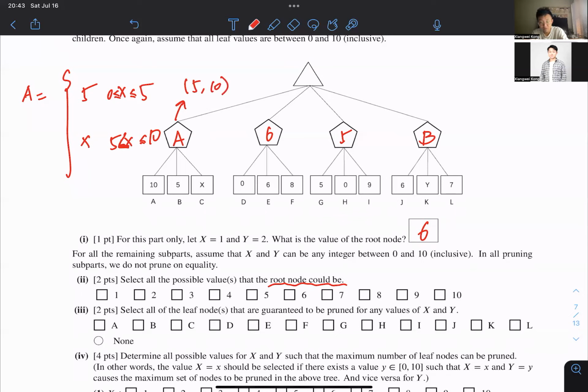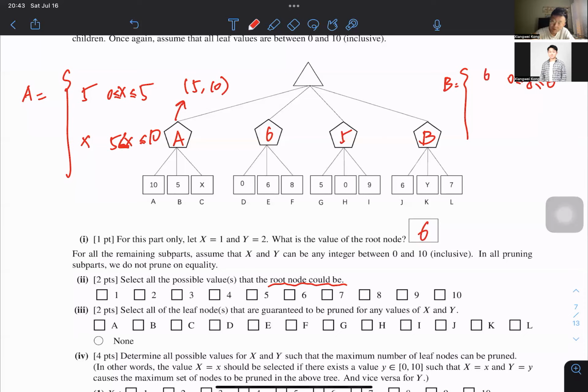And for B's value, if Y is larger than or equal to 0 and less than or equal to 6, then B's value will be 6.